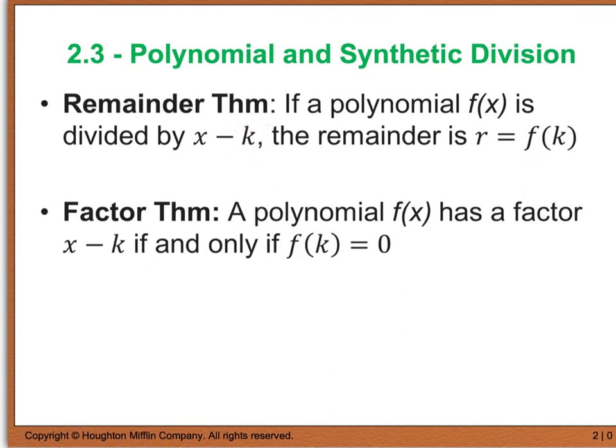Now we also have the factor theorem that says a polynomial has a factor x minus k if and only if the factor, when evaluated, or when you evaluate the function at that k value, gives you 0. If it does not give you 0, it is not a factor. So you do not want a remainder if it is a factor.